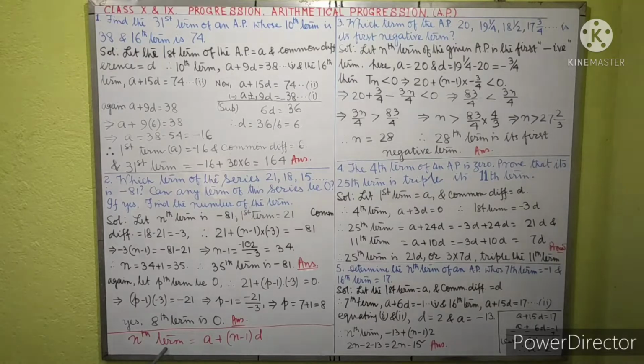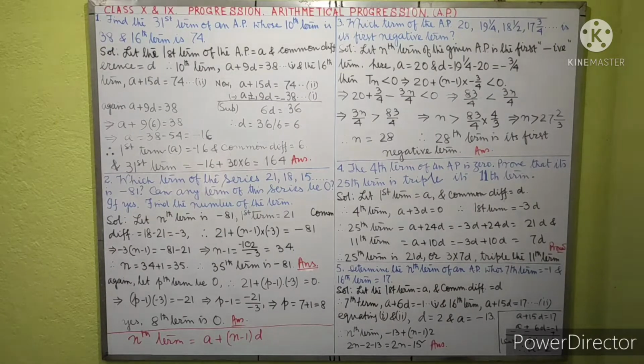According to this formula, it is first term plus (n minus 1) into minus 3 equal to minus 81. After solving, we get n equal to 35. Therefore the 35th term is minus 81.